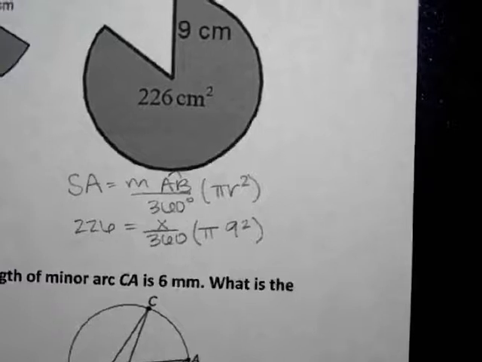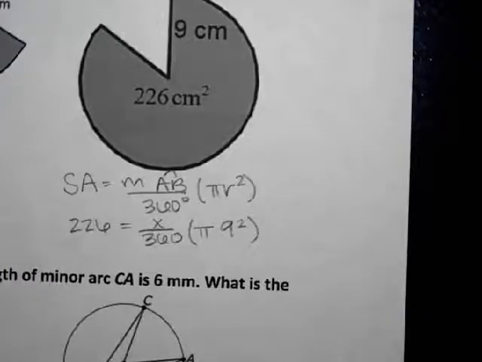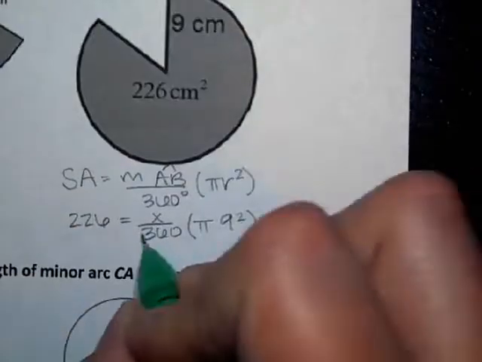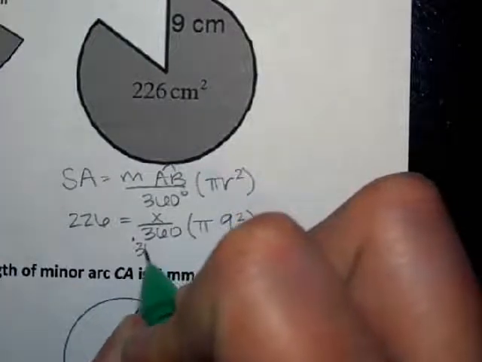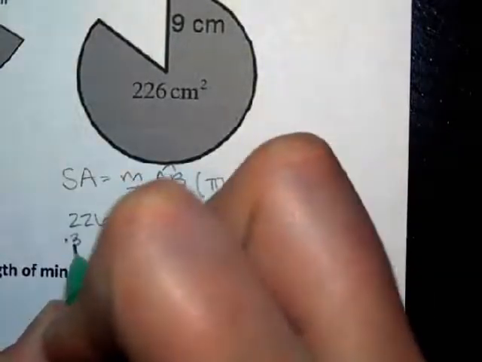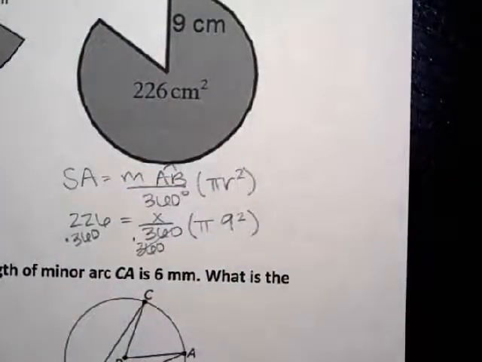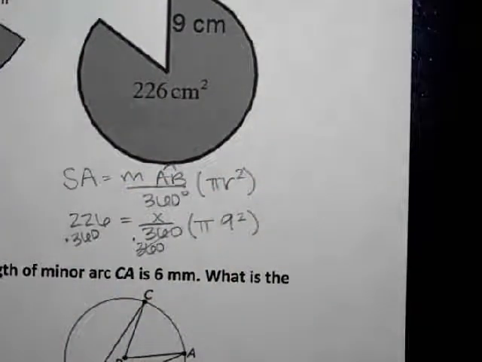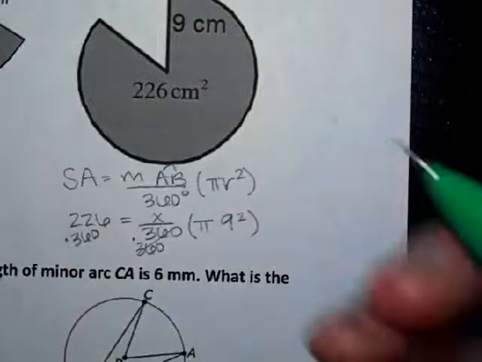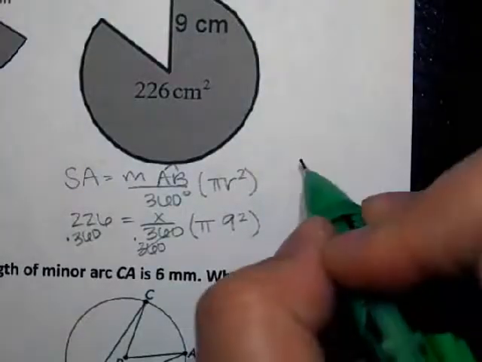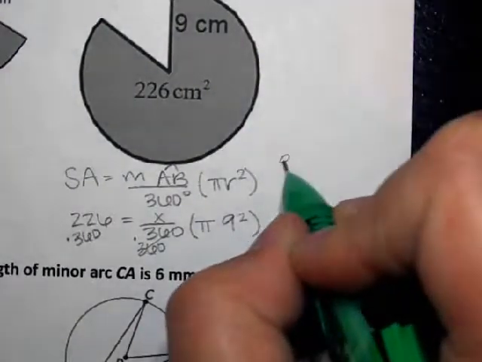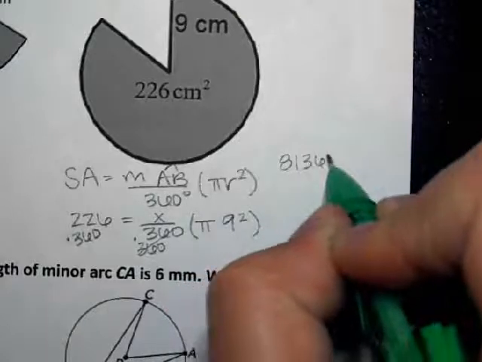So we could do times 360 first to fix that fraction. Okay.